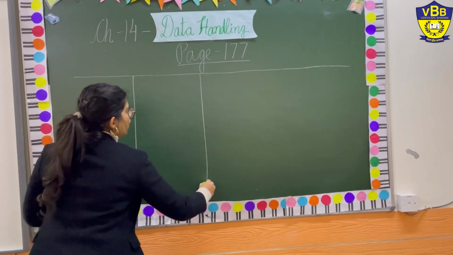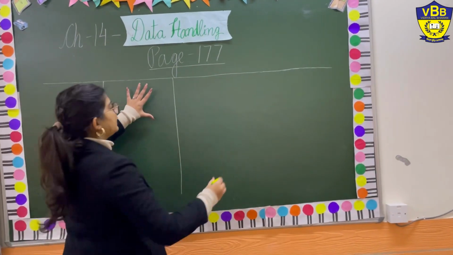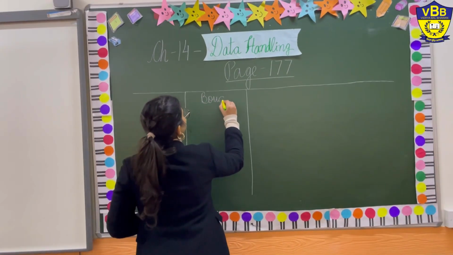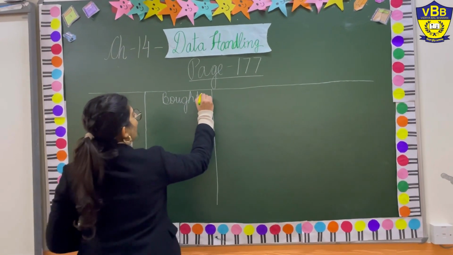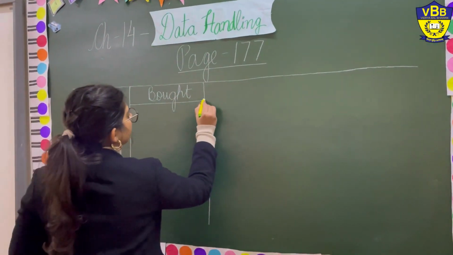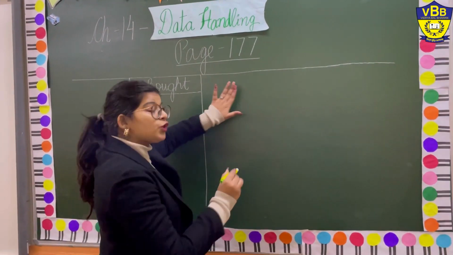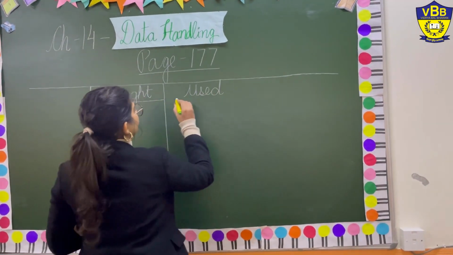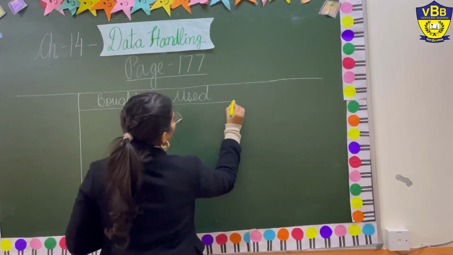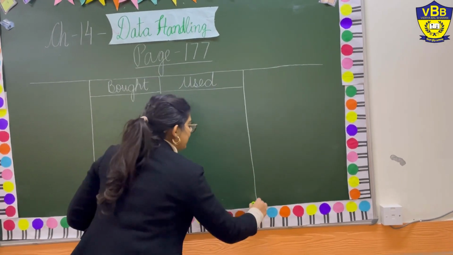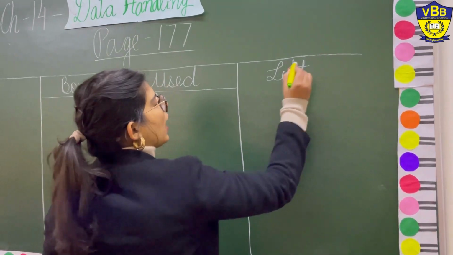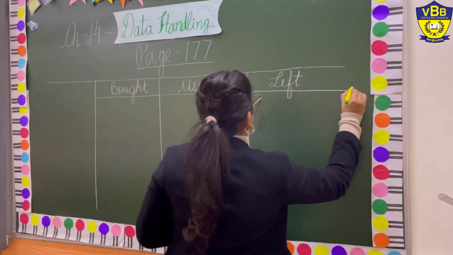These are the bought items, how much she has bought. These are the used items, that is how much she has used from them. And these are the leftover items, that is how much is left with her.